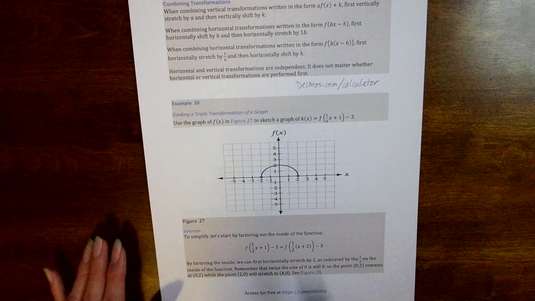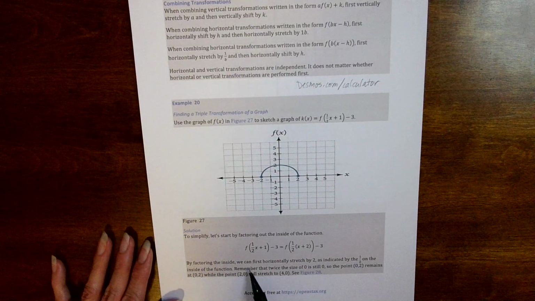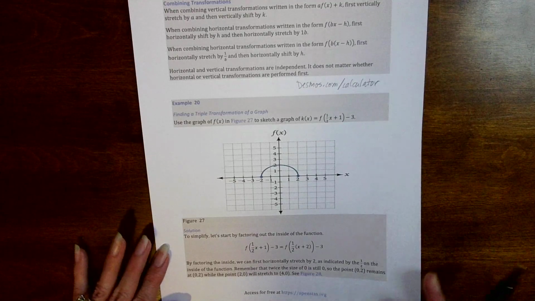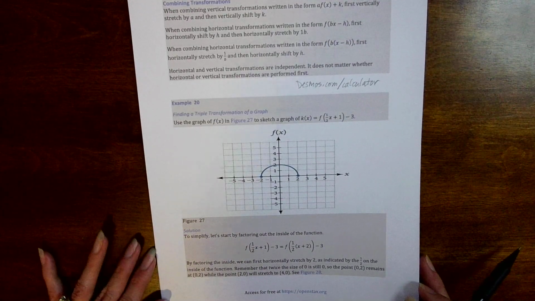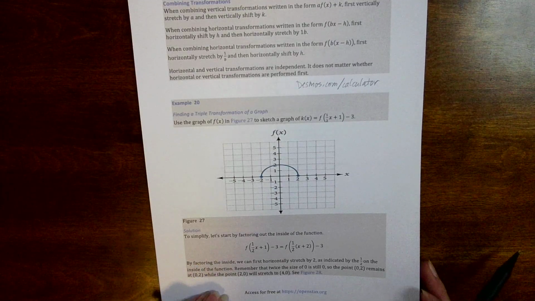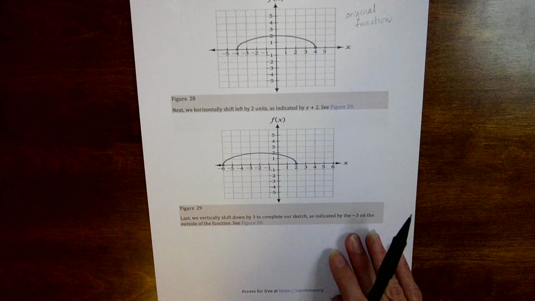And so we can first horizontally stretch by 2, as indicated by the 1/2. And remember that twice the size of 0 is still 0, so the point 0,2 will remain 0,2, but the point 2,0 will stretch to 4,0.